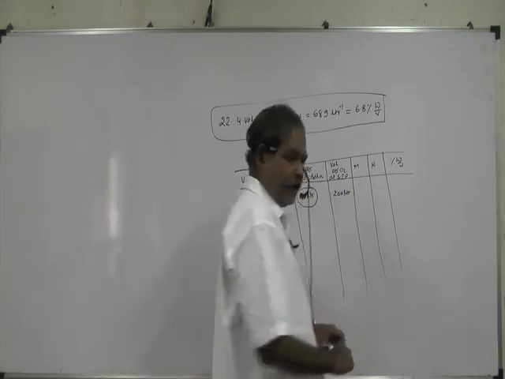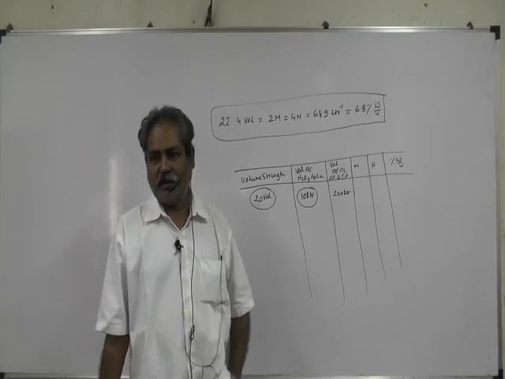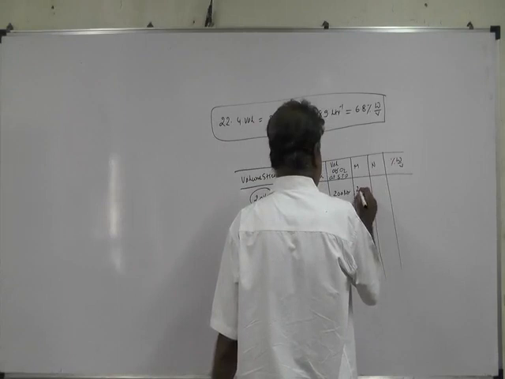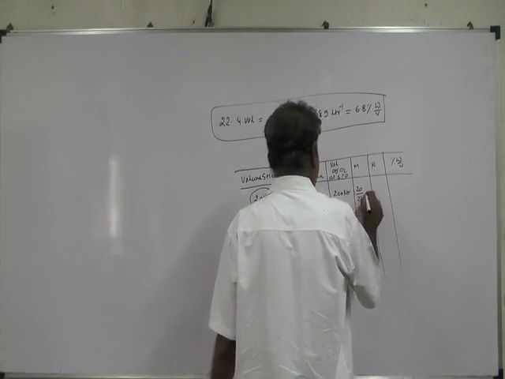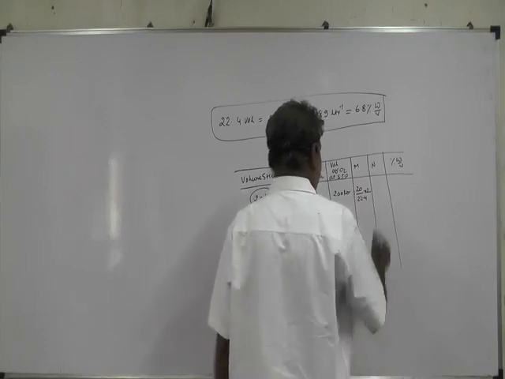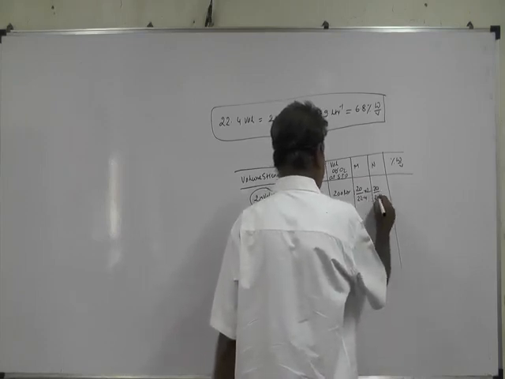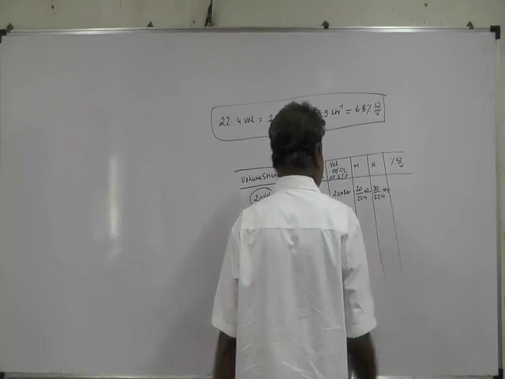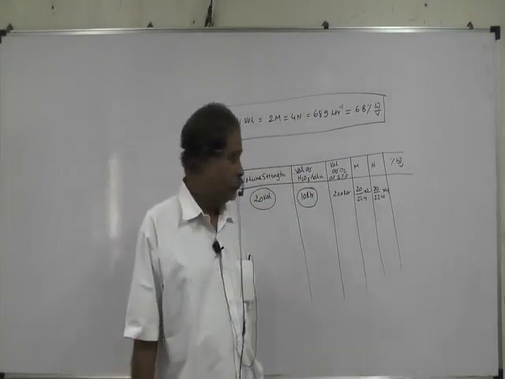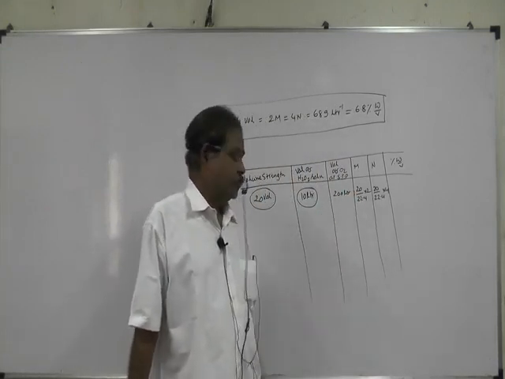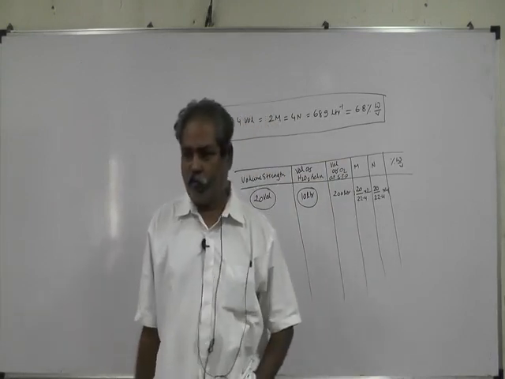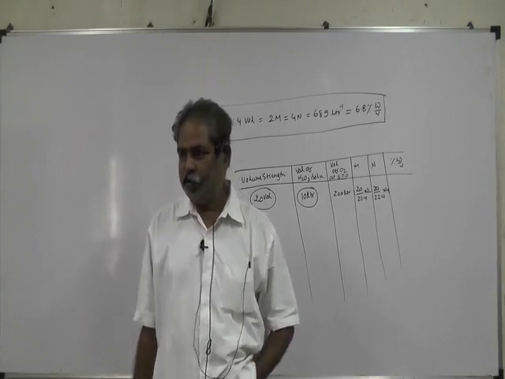And what will be the molarity? 22.4 is 2 molar. Therefore, this is 20 by 22.4 into 2. 20 by 11.2. Normality 20 into 20 by 22.4 into 4. Percentage, since you have difficult 40 by 11.2 into 34 by 10 perhaps.